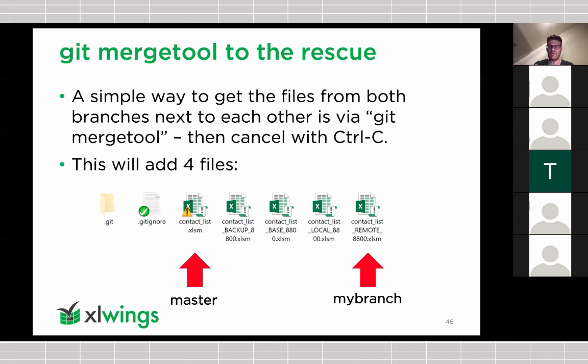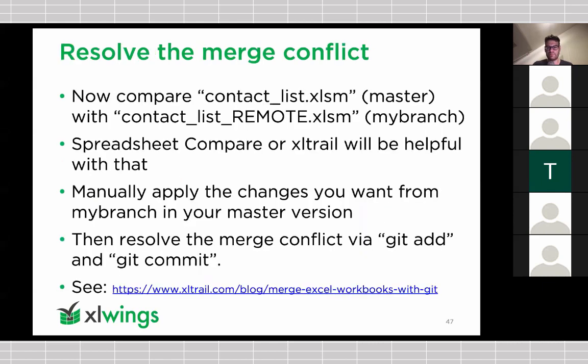And you also don't need to rename them to be able to open them simultaneously in Excel. So I found it a good way to deal with the situation. So at this point, you can actually take those 2 files and you can stick them into Spreadsheet Compare. You can obviously also use ExcelTrail.